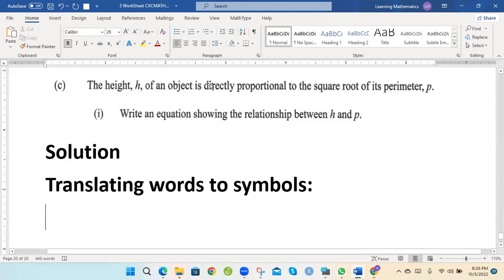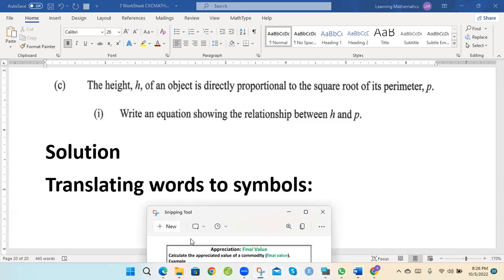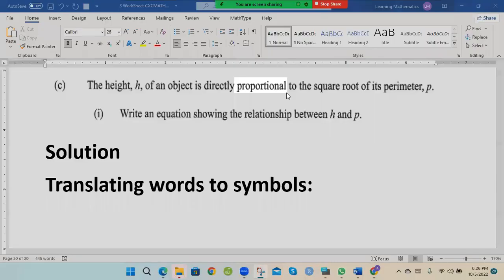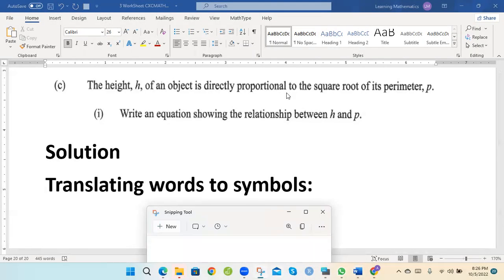And there's another keyword there. You see, they're testing to see if you can translate it. If you know that word, if you have knowledge of that word, if you can translate that word. The word proportion has its symbol.